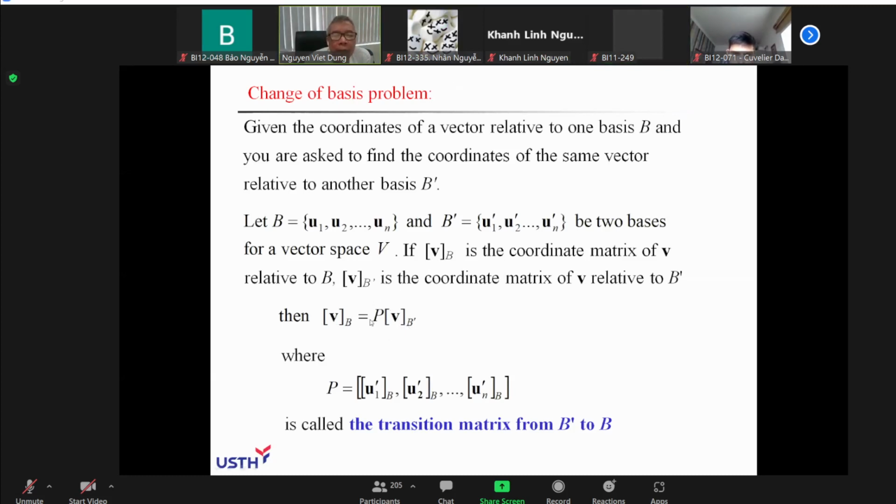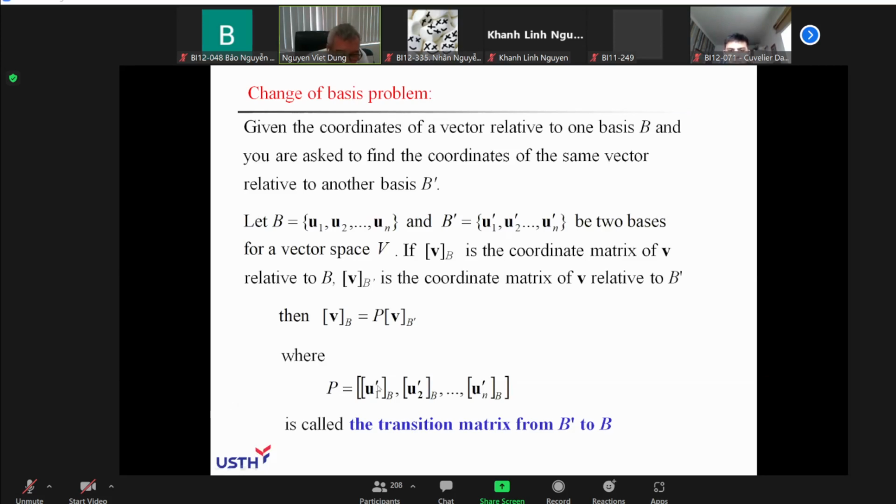So what is the P? P is a square matrix defined as follows. It is called the transition matrix from B prime to B. And it is defined in the following way.